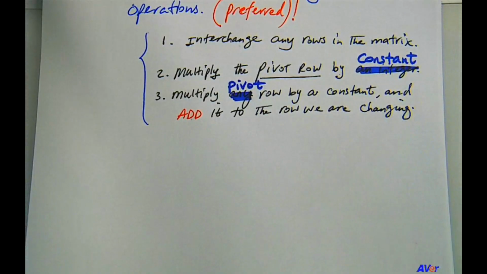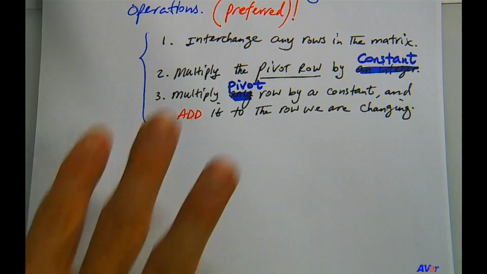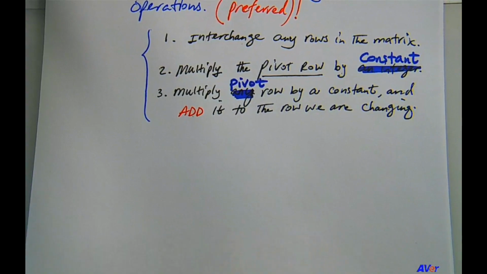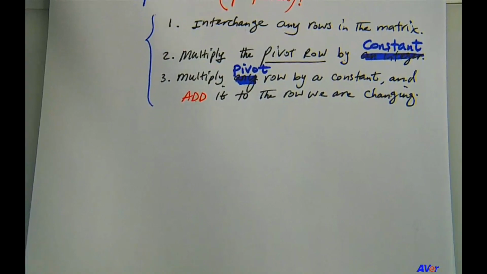I think that better describes what we're going to be doing in this course. These three row operations are not the only valid ones, but these are the ones I like you to use because you are just a beginner in this method. Having talked about that, let's solve examples using this Gauss-Jordan method.